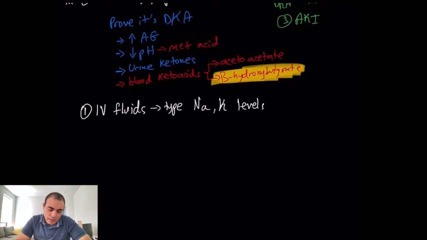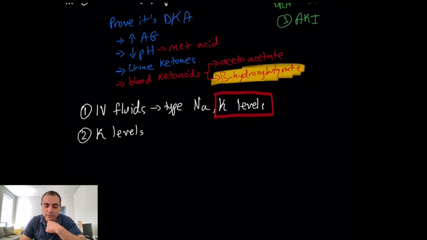What's important for you to know here is the potassium levels, right? Why? What's happening with potassium when there is no insulin?